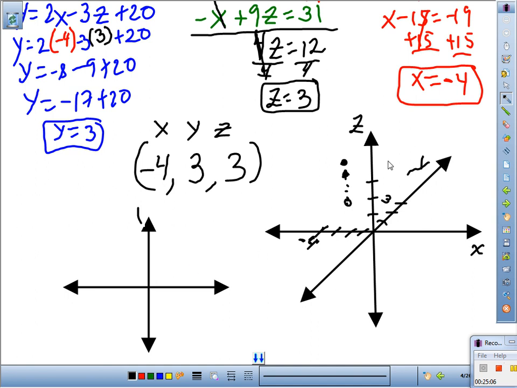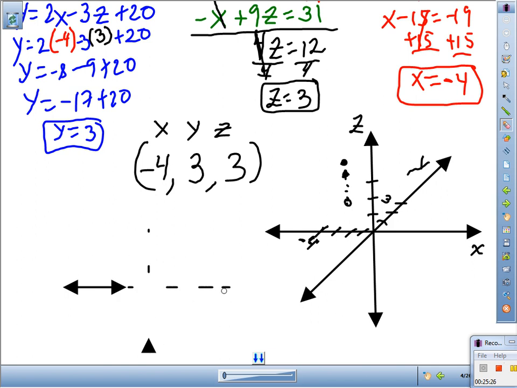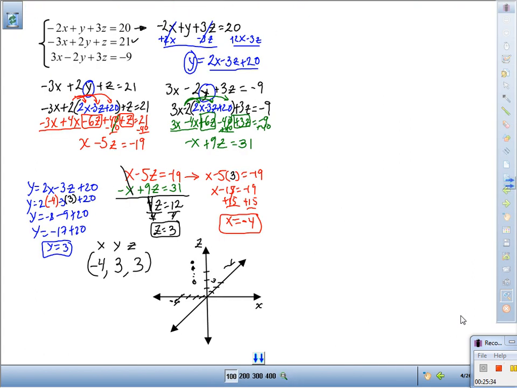Here it is. Okay? All right, good. All right, so let me zoom out.